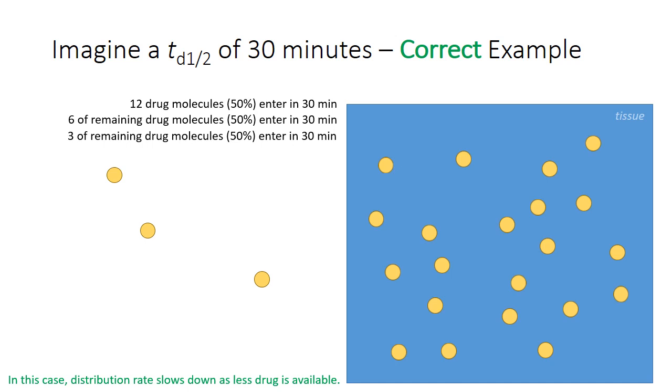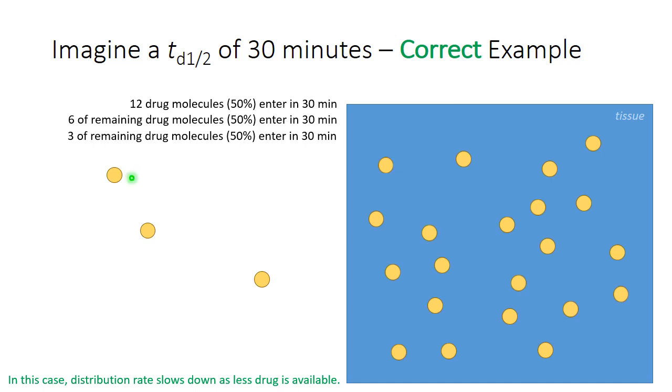If you take that constant and multiply it by the concentration of drug here, you'll get a lower number than if you took that constant and multiplied it by the concentration of drug in the beginning. So that gives you the mass moving per unit time. The constant doesn't change, but the mass moving per unit time will change.